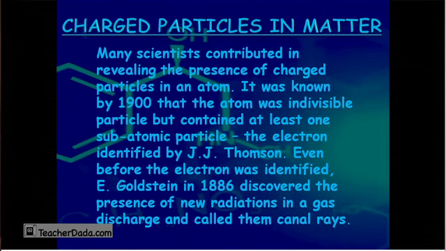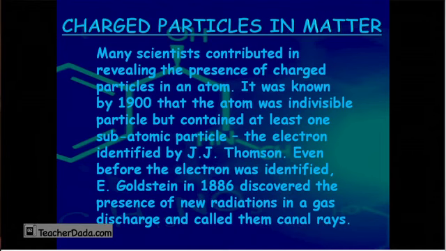At the end of the 18th century and the start of the 19th century, it was confirmed beyond doubt that atom is not a simple indivisible particle, but contained at least one subatomic particle, the electron, which was identified by Sir J. J. Thomson.